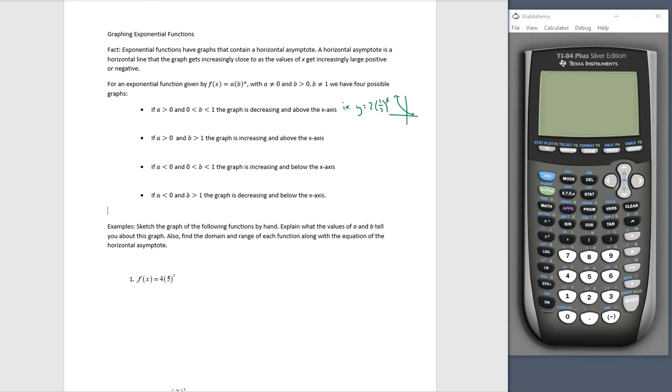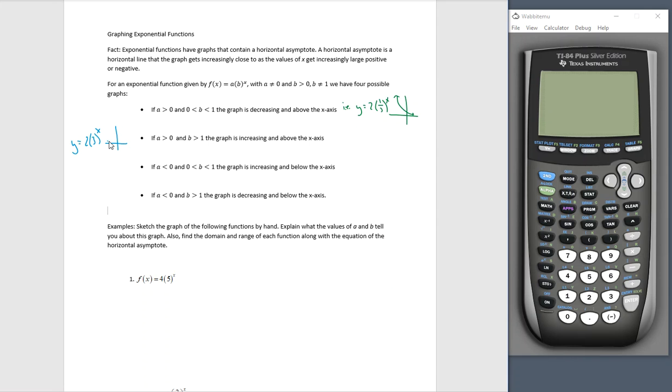All right. Whereas if a is positive and b is greater than 1, the graph is increasing and above the x-axis. So let's plan this out ahead of time, shall we? Maybe y equals 2 times 3 to the x.